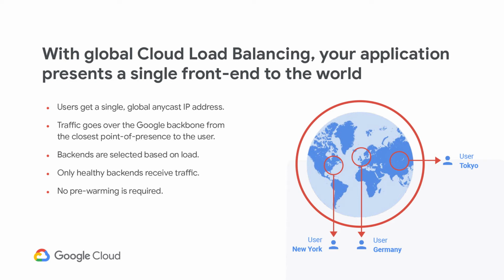So for that, you can use the global load balancer. The interesting part about it is that it's a software-based load balancer, which means that no pre-warming is required for any modifications. If you have a hit, for example, or you're expecting an even bigger load, all of that can be propagated instantly without any load time required.